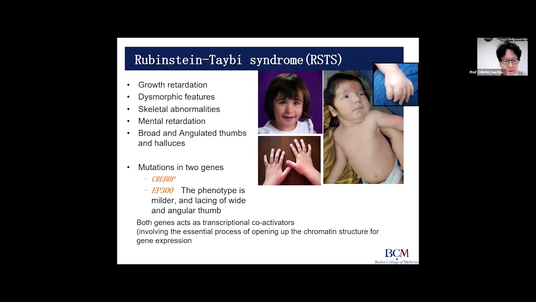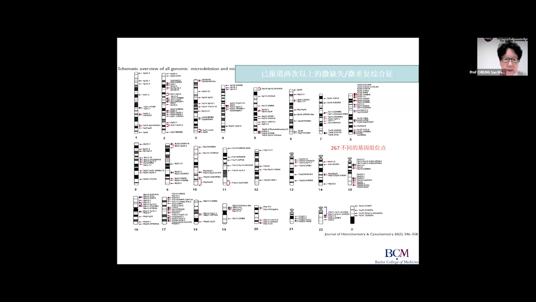The EP300 phenotype is milder and lacks the wide and angulated thumb. At the time we published the paper, there were only 6 patients associated with EP300. Both genes act as transcriptional co-activators. Since then, many microdeletions and microduplications have been reported.